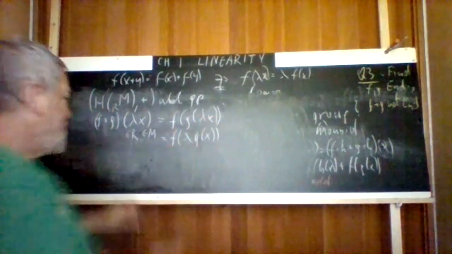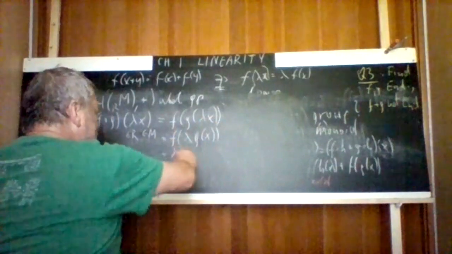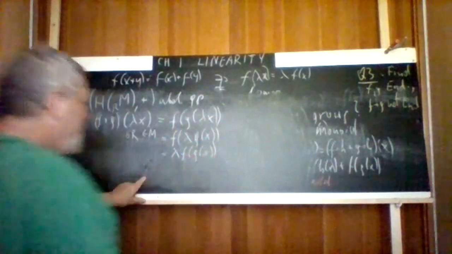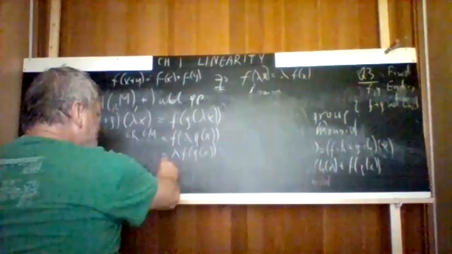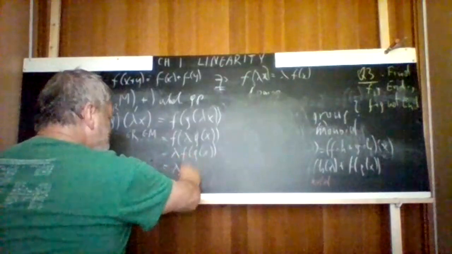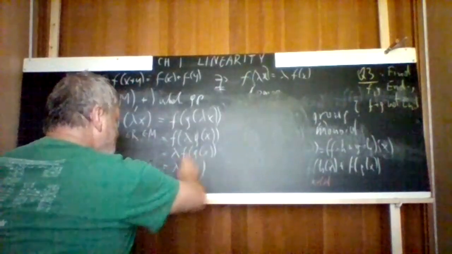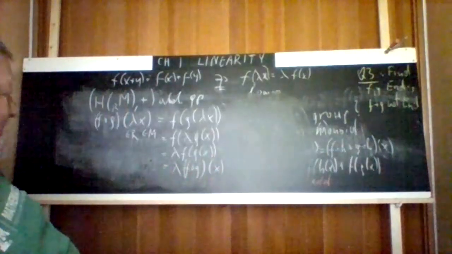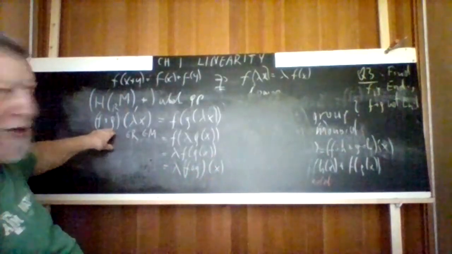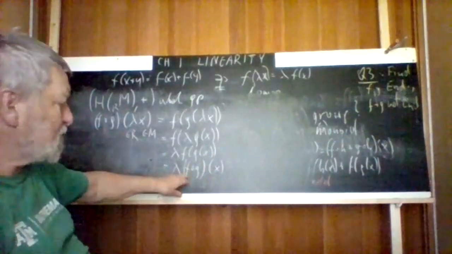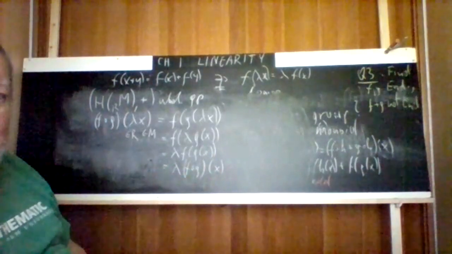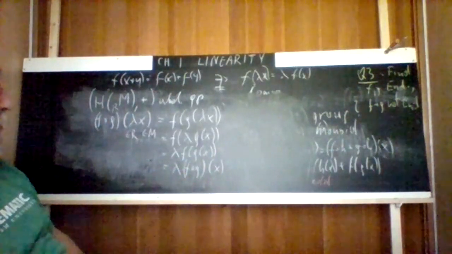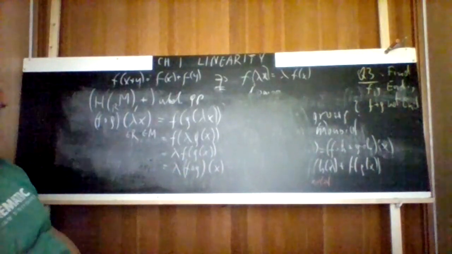We pull out the lambda, so we get lambda times F of G of X. And this is nothing else than lambda times F composed with G of X. And we see that if F and G are homogeneous, then F composed with G is also homogeneous. That's wonderful. So we also have closure with respect to composition.